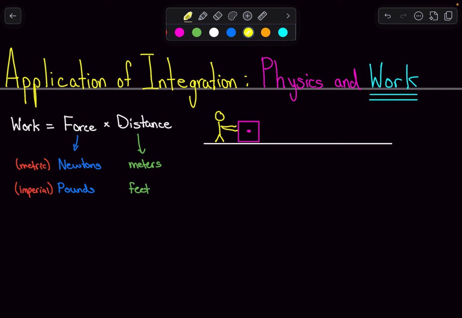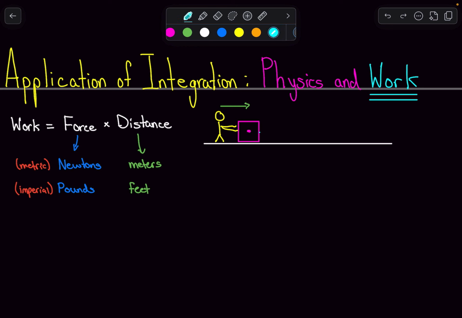Okay. Now, if I want to push this box and I'm exerting an amount of force, this particular force here has to be going in the direction that our box is traveling. So, in the future, you may encounter examples where you're applying a force at an angle, with some kind of angle theta, of which you're pushing down on the box or up on the box, and you're going to need to figure out which part of that force is actually going in the direction that we're traveling.